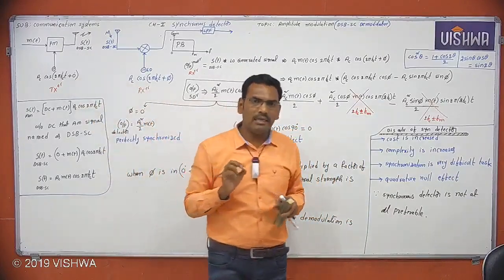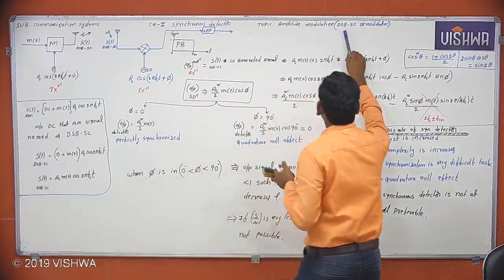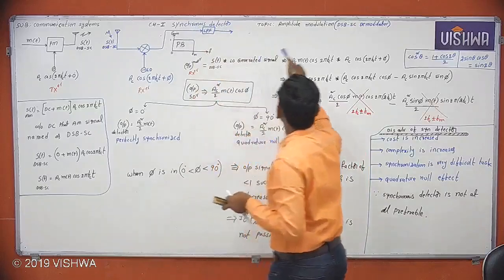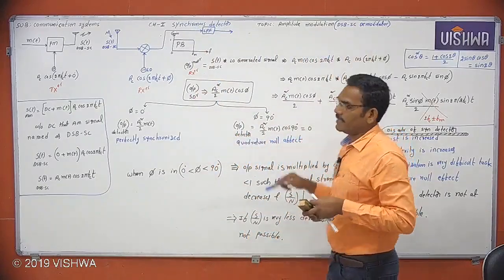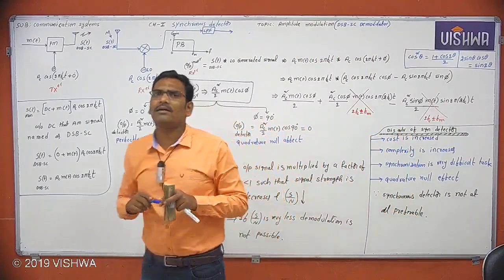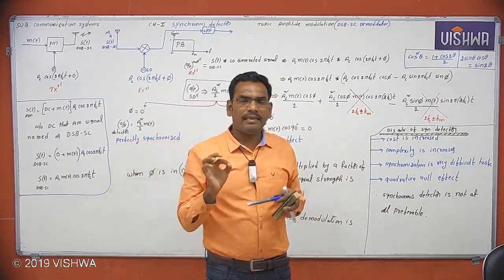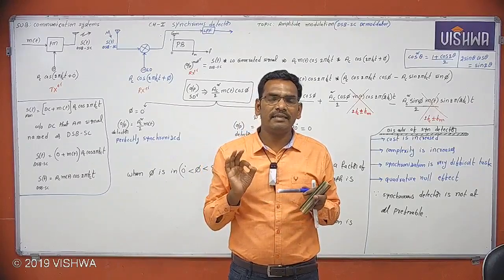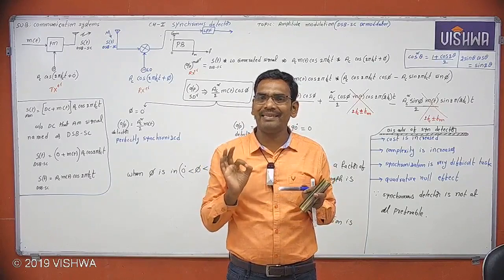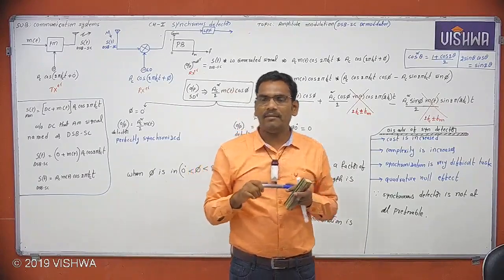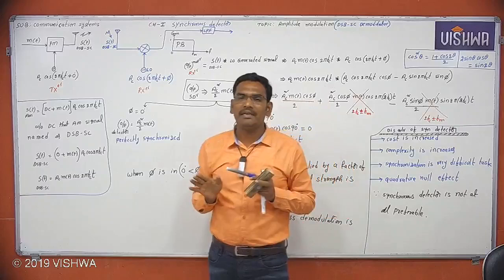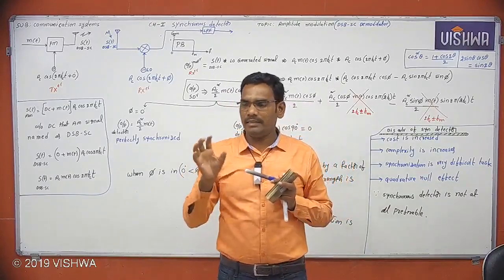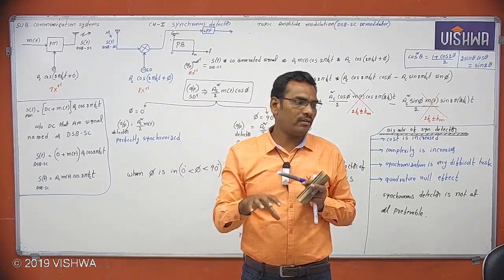Now this is the DSBSC demodulator, which is nothing but the synchronous detector, the demodulator of DSBSC. And one more thing I want to explain. If your modulated signal does not involve any DC component, meaning you are not adding any DC to the message signal before modulation, then the DC is 0 and the carrier component is 0.